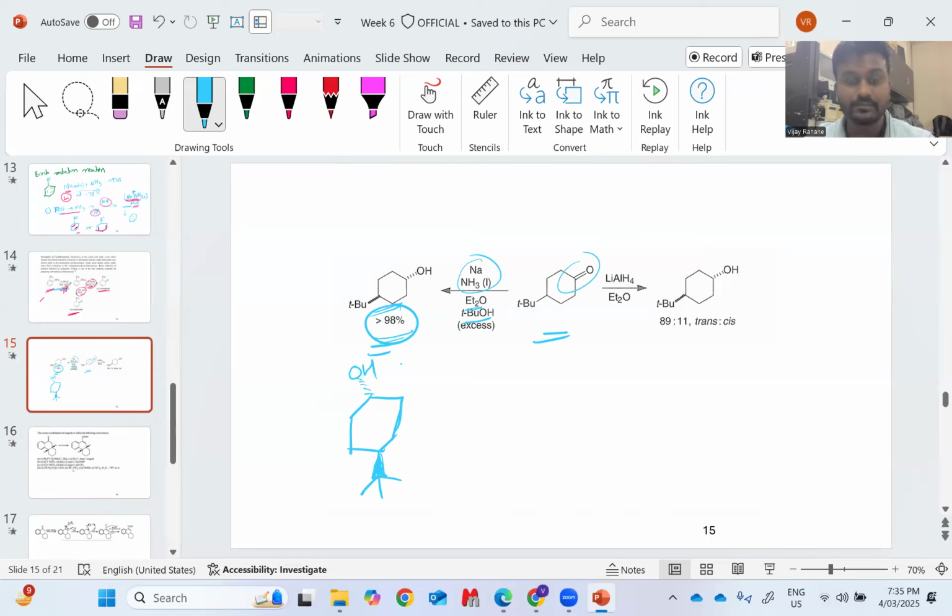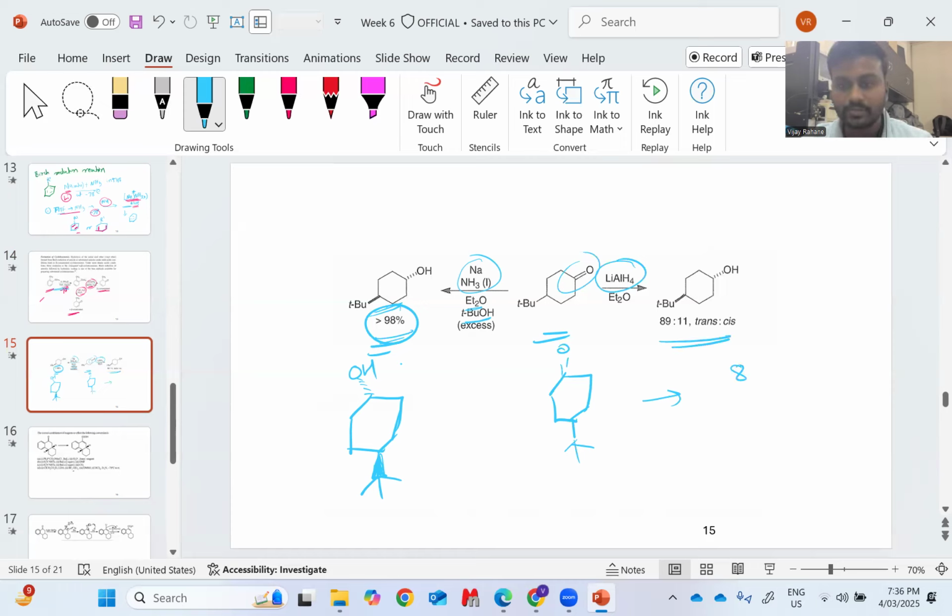Further, if you add lithium aluminum hydride on the same compound, which is a ketone, cyclohexanone, tert butyl substituted, in this case we get a mixture of cis and trans isomers, but the trans isomer is about 89%, right? 89%, and cis is 11%.